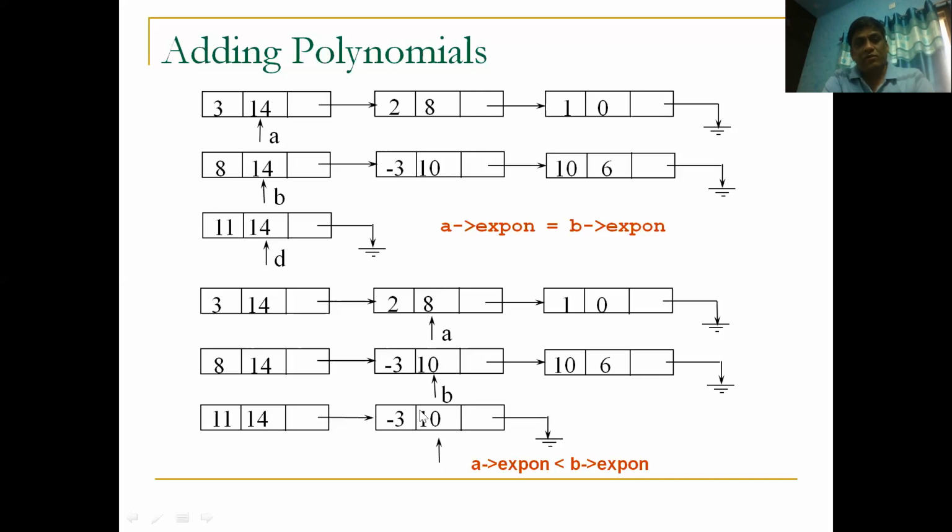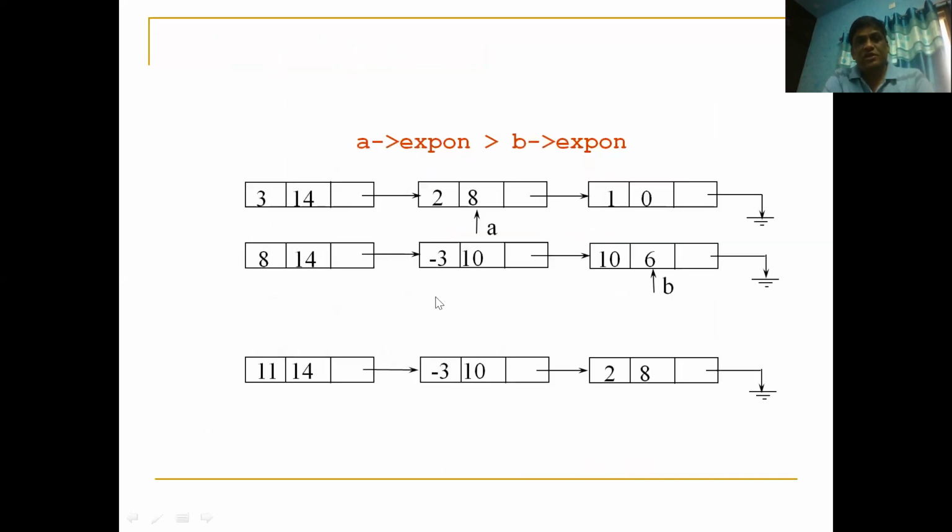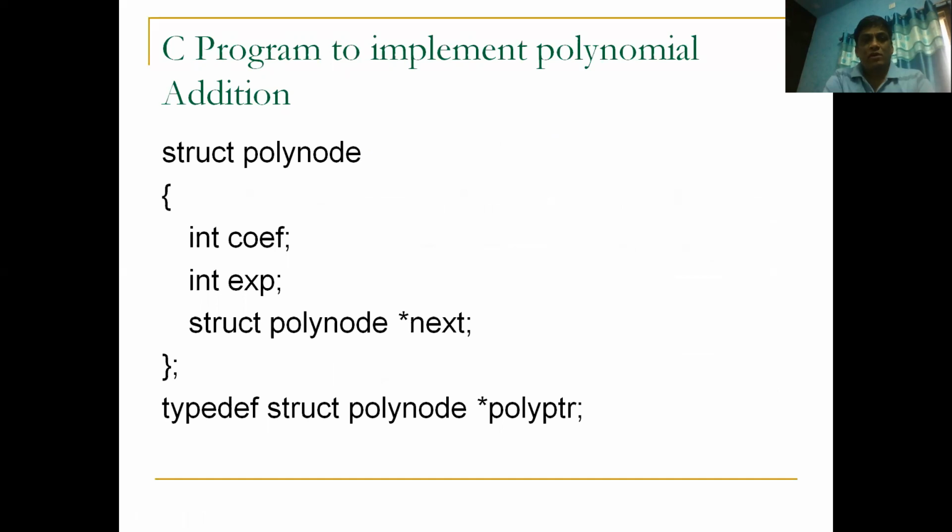Okay. Then third case is if exponent of first polynomial is greater than exponent of second polynomial. So in this case, 2,8 and 10,6, this is greater. So we simply add this term to the result polynomial and move forward. Okay, so these are the three possible cases we are going to handle while adding two polynomials. So this I have already explained. This is the node structure.